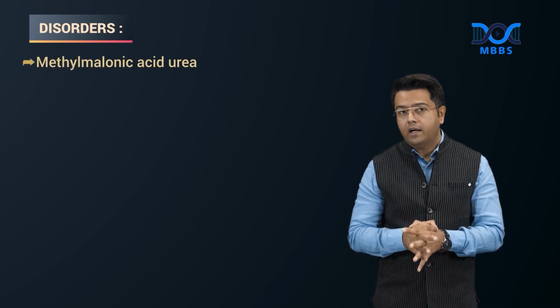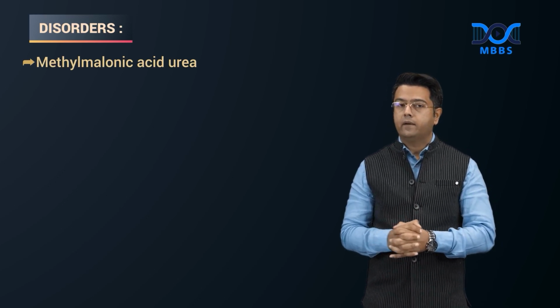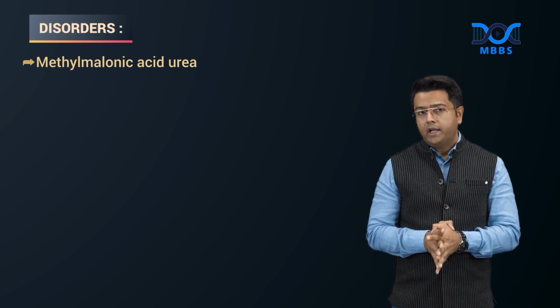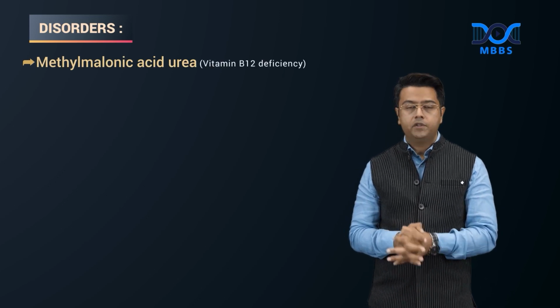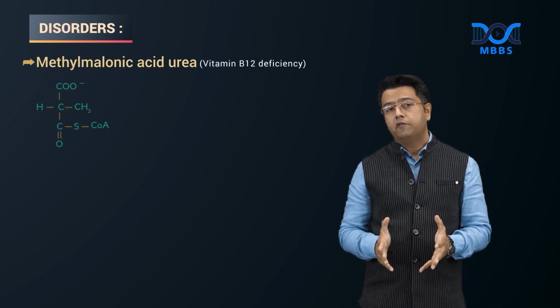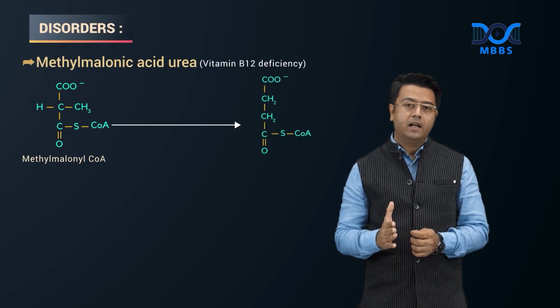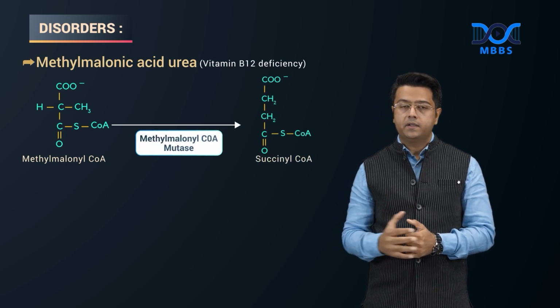Now the point is, what are the disorders? In the disorders group, guys, the most important point is a disease called methylmalonic aciduria. Methylmalonic aciduria is a disease which may be caused by vitamin B12 deficiency or the deficiency of the enzyme called methylmalonyl coenzyme A mutase.